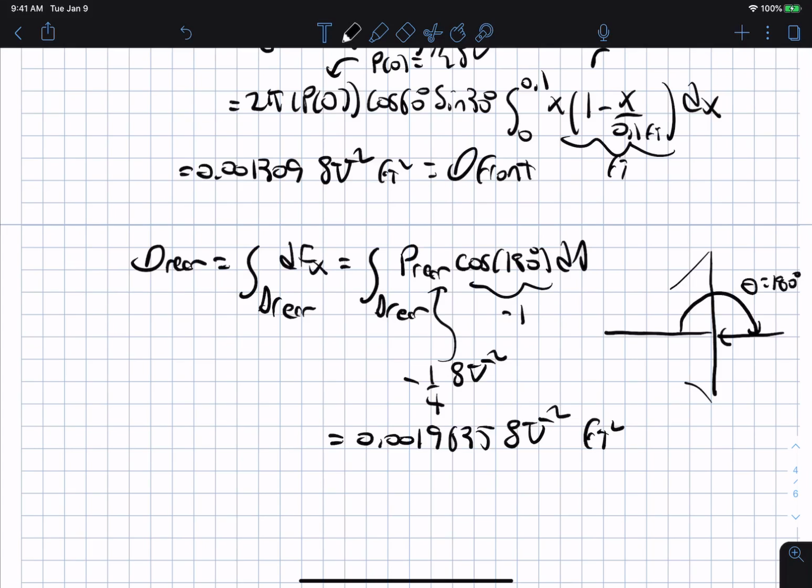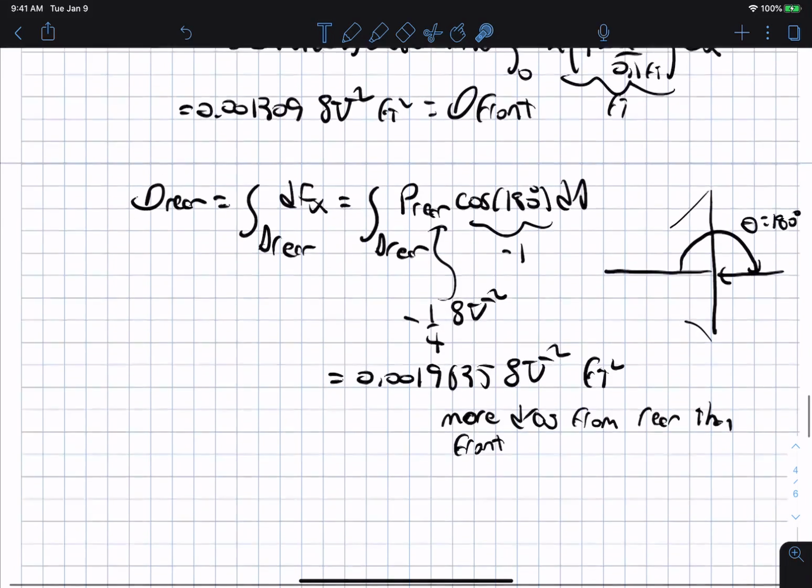Notice that in this case there is more drag from the rear than the front, because the drag value from the rear is higher than it is on the front.